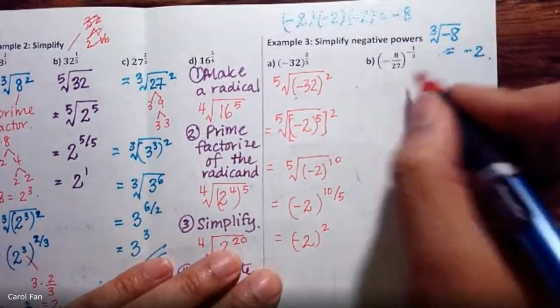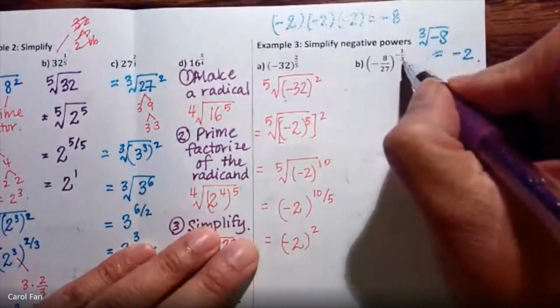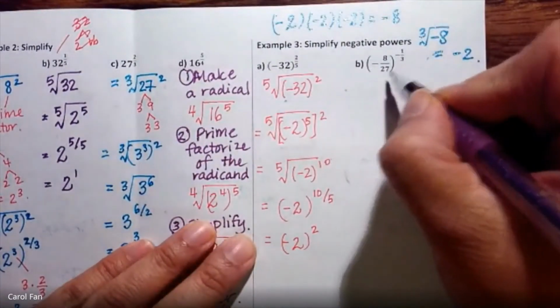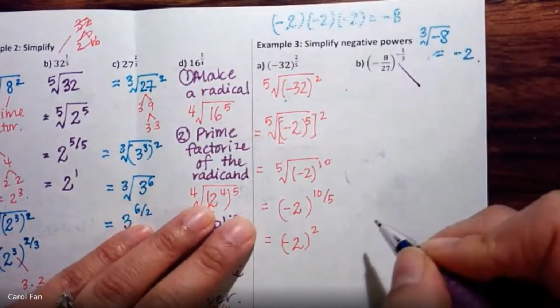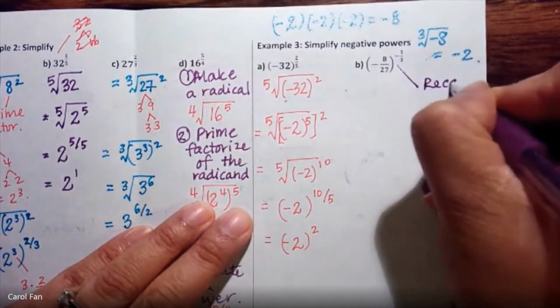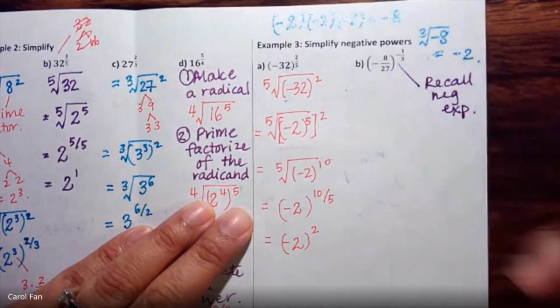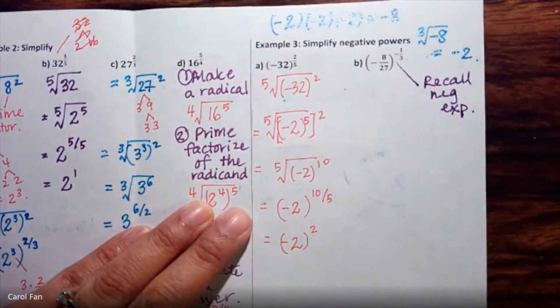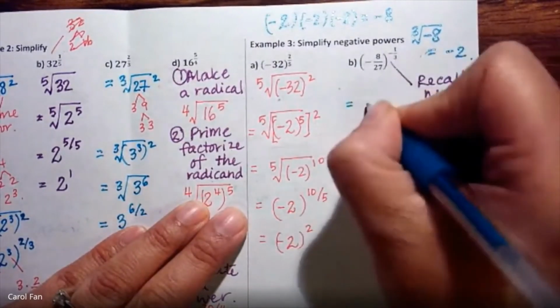Okay, another example like that, except this time we have a negative not only in the base, but there's a negative in our exponent. So remember, our negative exponent means we're going to flip it and take the reciprocal. So let's flip it first.